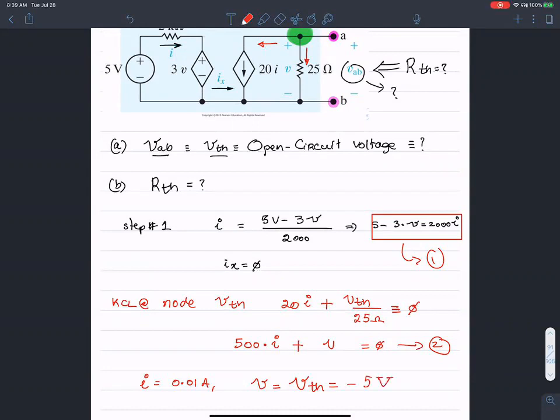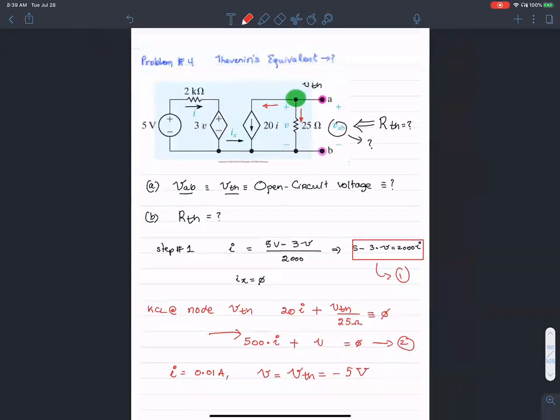If you plug in I equals 0.01, you get a value of V Thevenin equals negative 5 volts. That's straightforward.